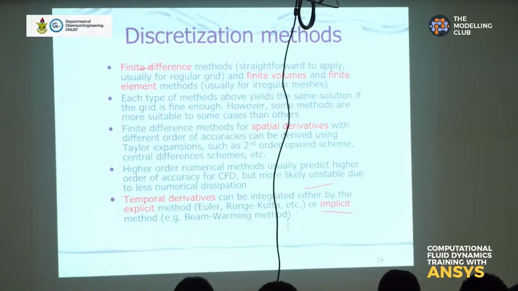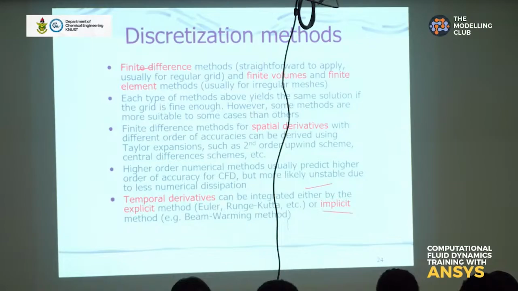What do we mean by temporal derivatives? Temporal derivatives are time-dependent derivatives. In your momentum equation, you have time-dependent derivatives. Or in general, if your problem is transient, that means that you cannot neglect the rate of change of the quantity with time, and so you have temporal derivatives.